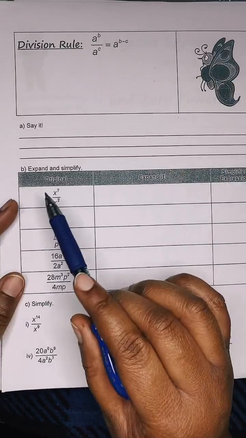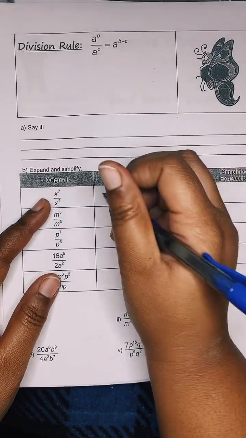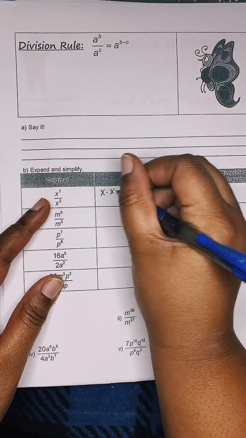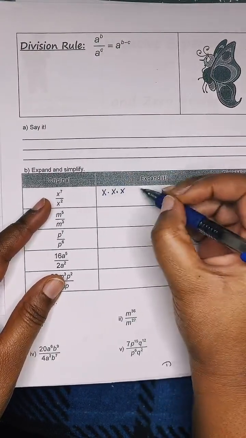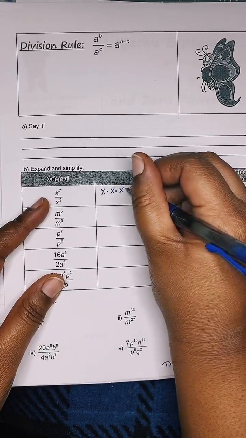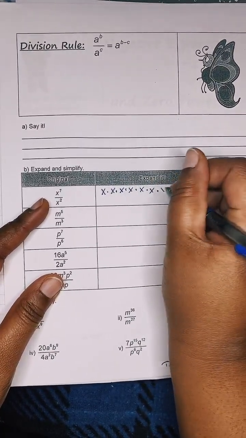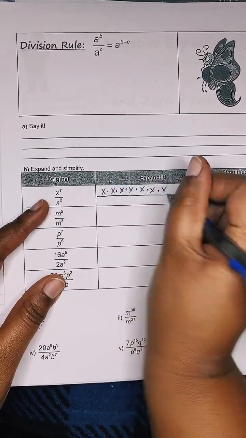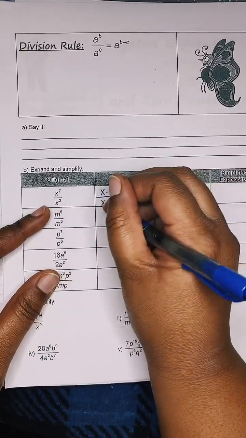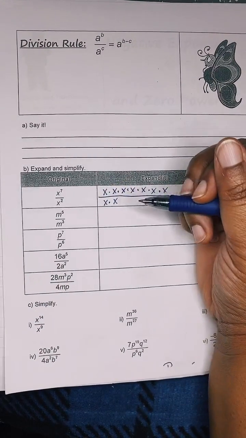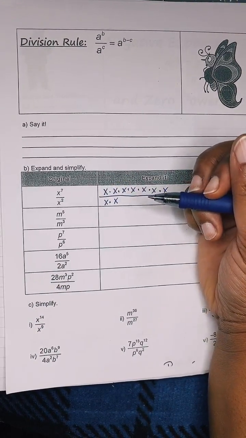And this is why. X to the 7th, remember this tells you we have x times x times x. We have 7 x's on top. So 1, 2, 3, 4, 5, 6, 7. Now on the bottom, we have 2. 1, 2. Somebody said the x's cancel out.